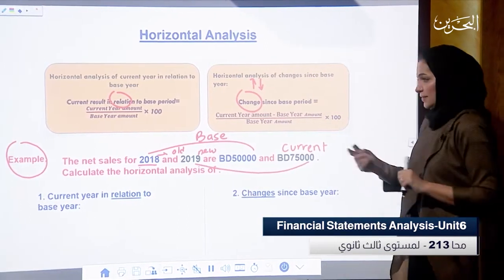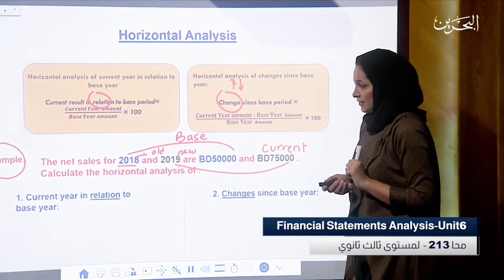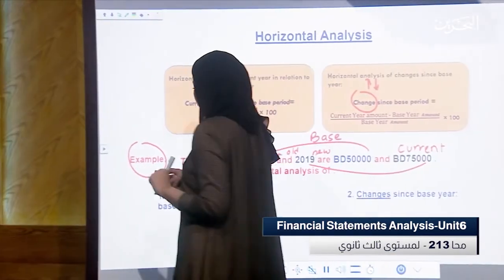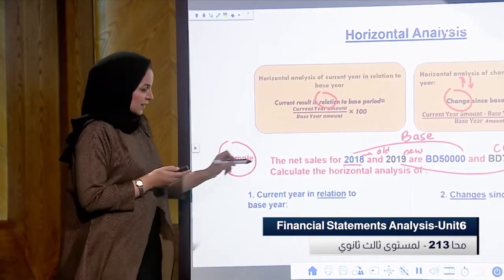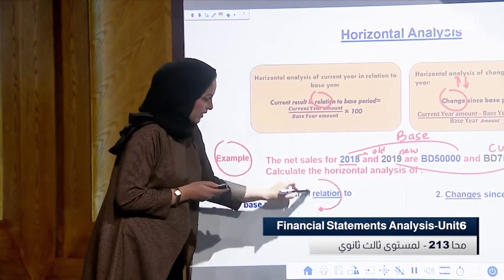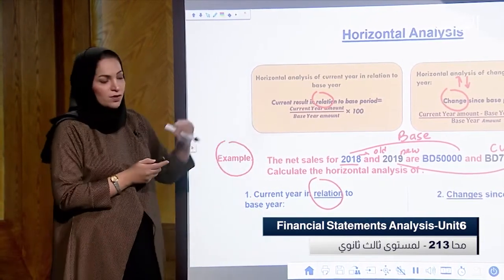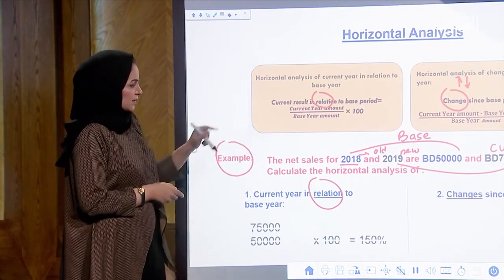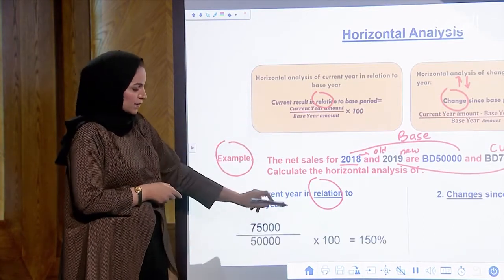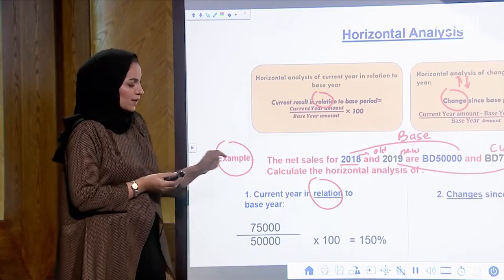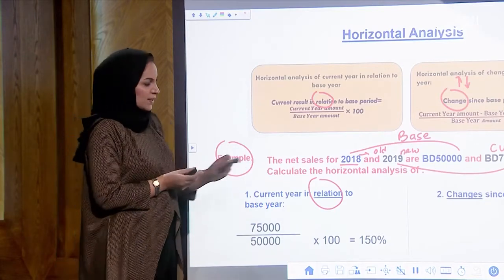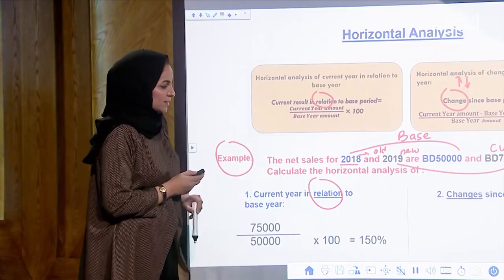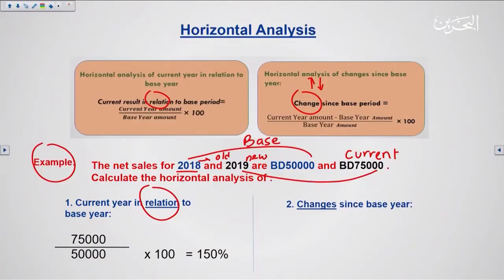Okay, let's see the requirements. Current year in relation to base year. Relation means we have to apply the first formula, which is current year divided by the base year multiplied by 100 equal 150%. Let's see the second requirement, change since base year. Change means the second formula.